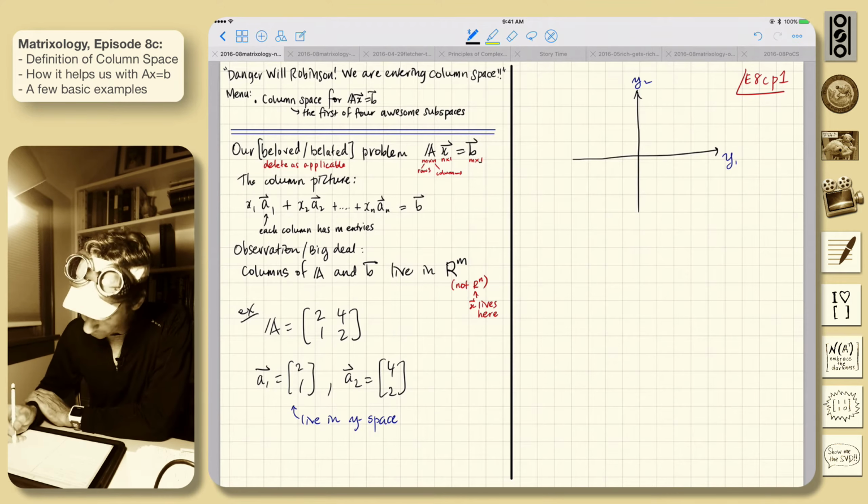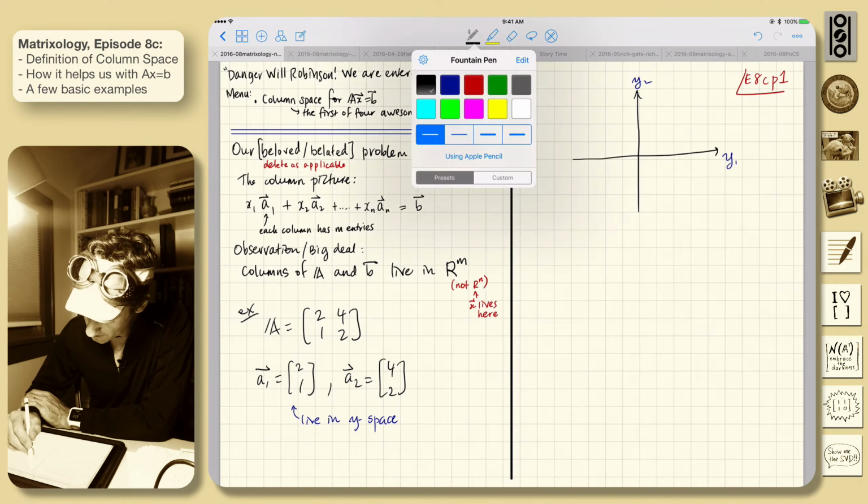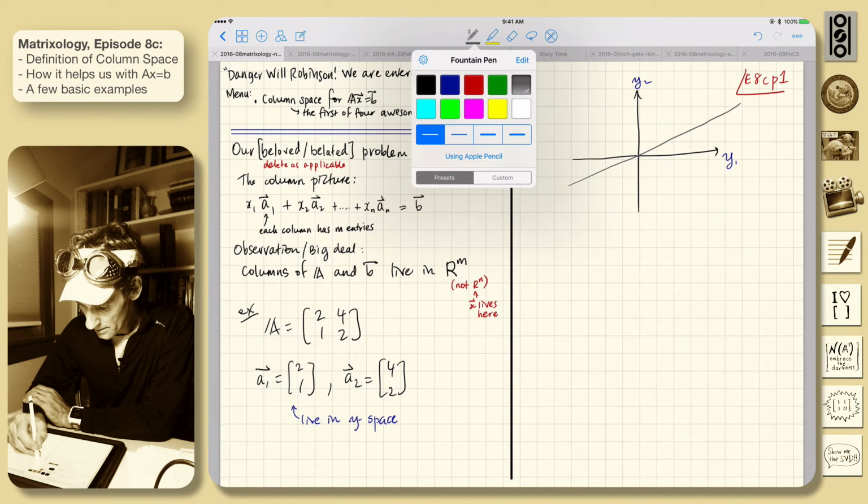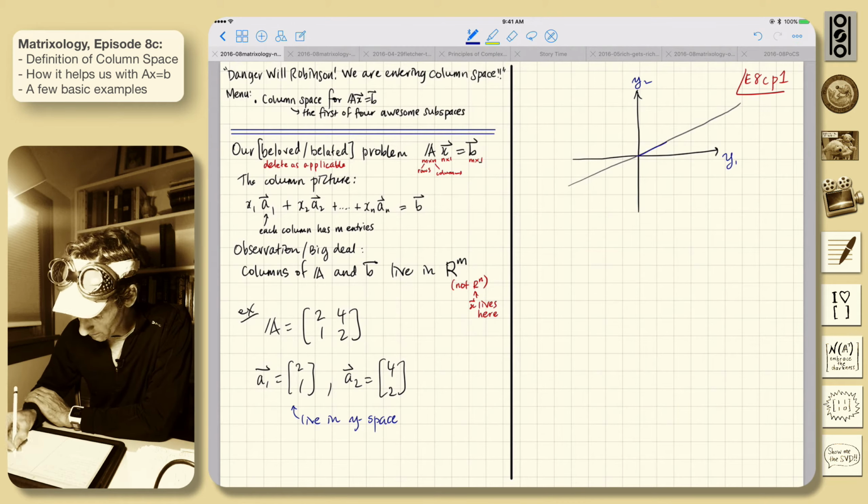All right, so let me say this. So we have, here's our subspace. There is one nice vector here, which is (2, 1). Let's say that's 2 and that's 1, and 4 and 2 here. Right, good.